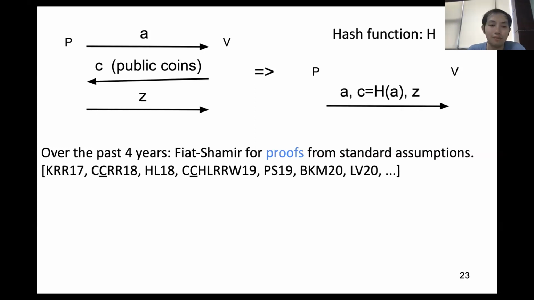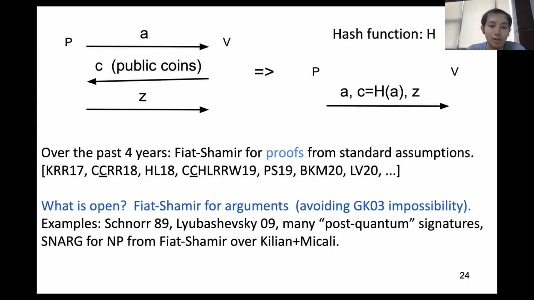For example, Schnorr's three-round protocol and its generalizations, many post-quantum signature schemes, and also SNARKs for NP from applying Fiat-Shamir. For these examples, we don't know any positive results.